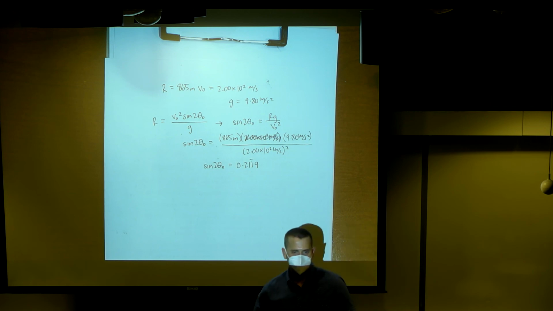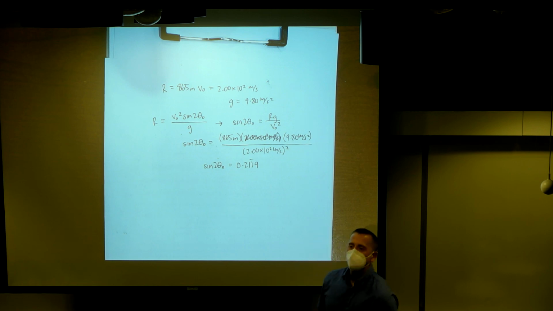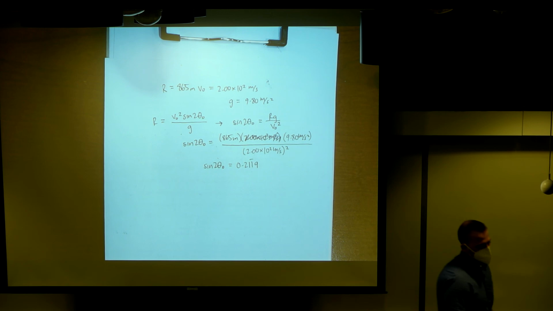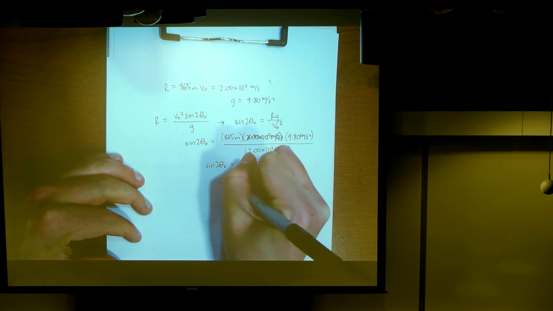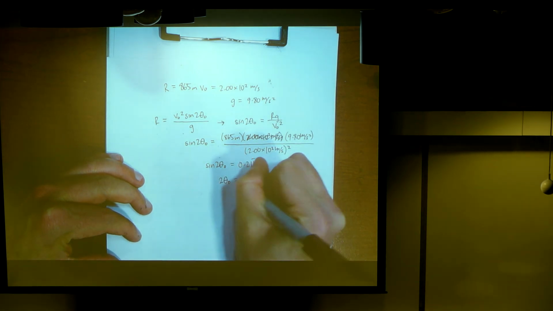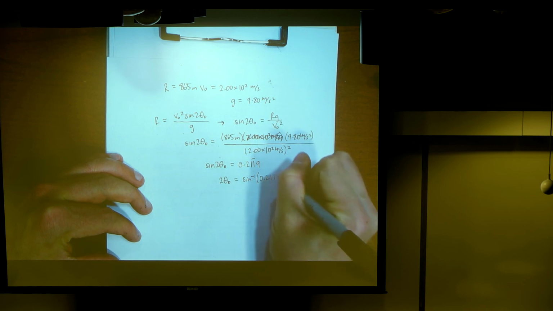So how do we proceed from here? How do I get the angle out? The inverse thing? Yeah, I can take the inverse sine. So 2 theta should equal the inverse sine of that number, correct?